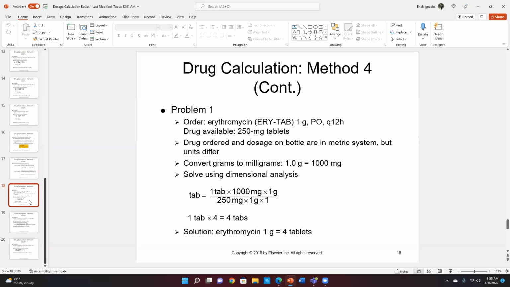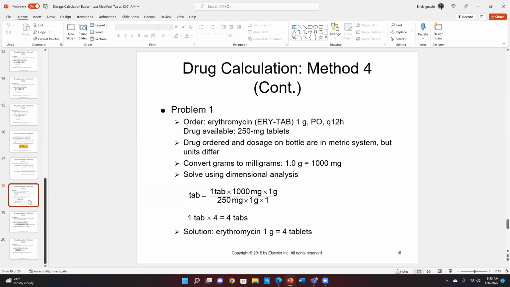We can do that by multiplying 1 gram by 1,000, or moving the decimal 3 places to the right. That gives us 1 gram equals 1,000 milligrams. Now that you have milligrams, you can solve using dimensional analysis.